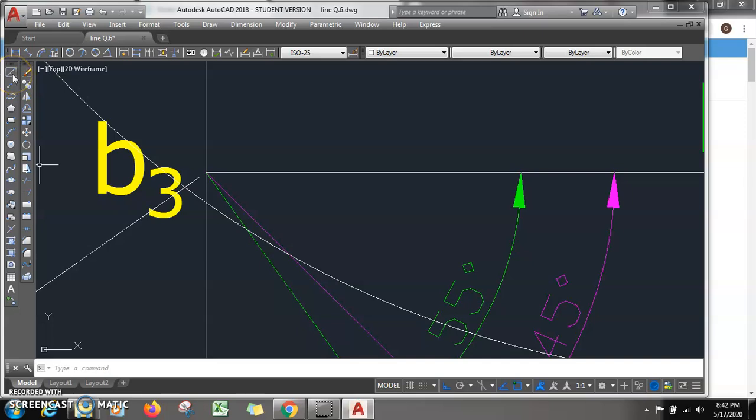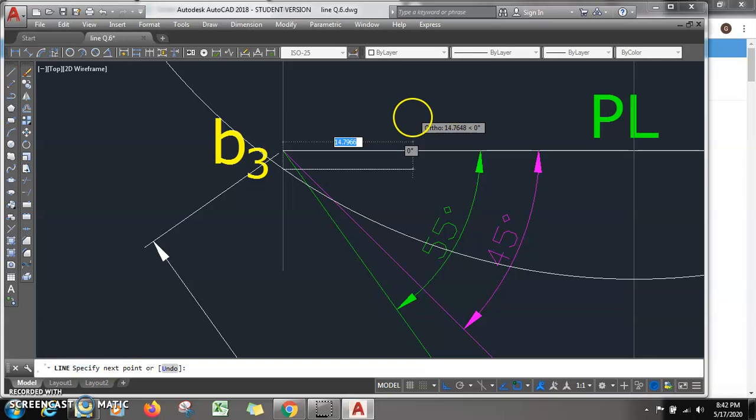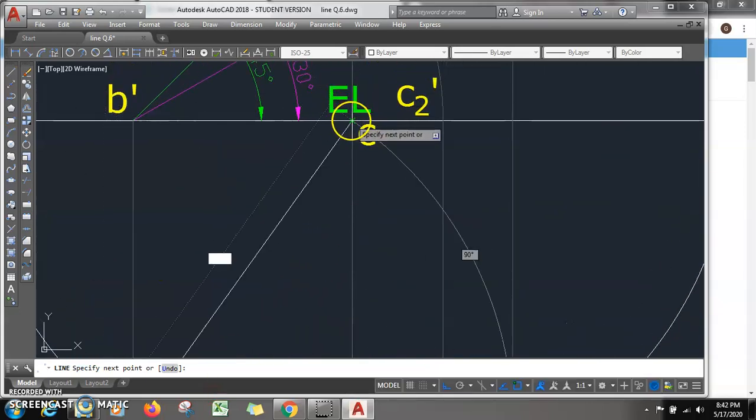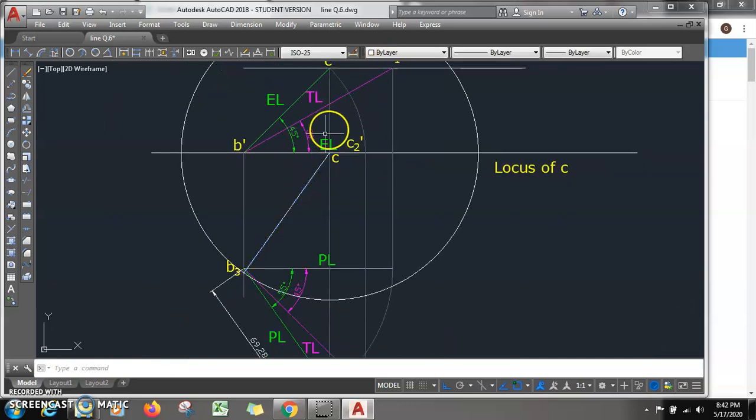So what we will do is take a line from this point to this point and join the line.